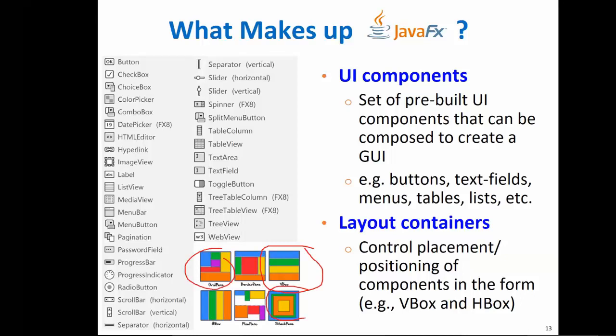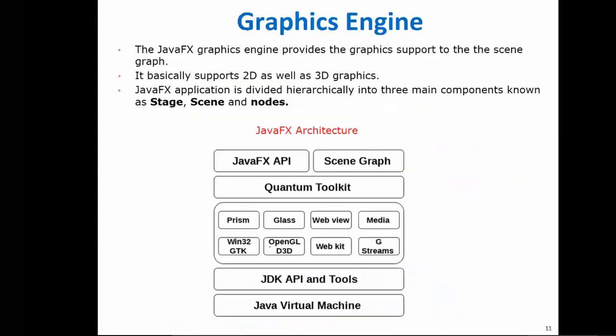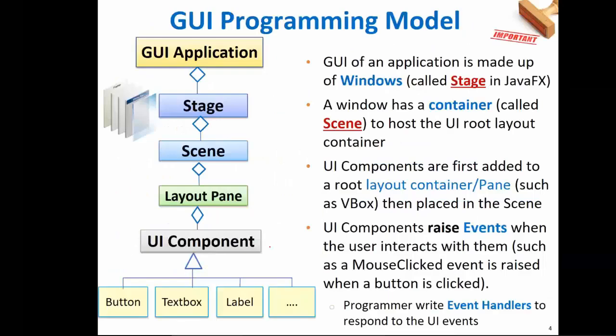This one will give more space to the sides and less space to the center. This one will do the opposite. We will study all these things. But what you need to know about layouts is the way to position and place UI components or controls. So your components, all of them, the right way is to put them inside a layout pane. Pane means panel, like a container.